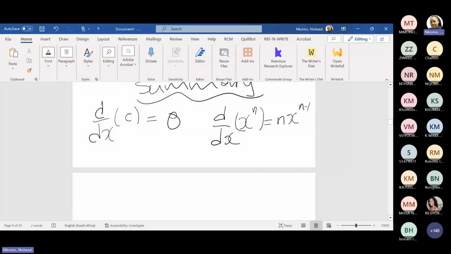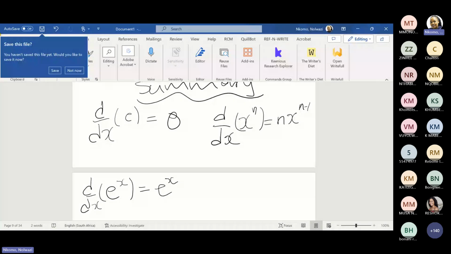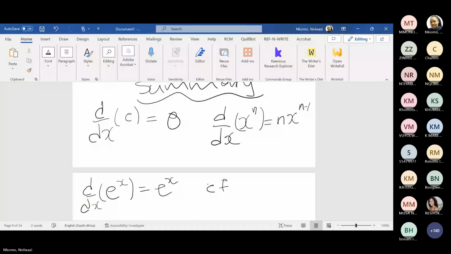Then we said the derivative of e to the power x is equal to e to the power x. Then we said the derivative of a constant times a function is equal to the constant times the derivative, right?